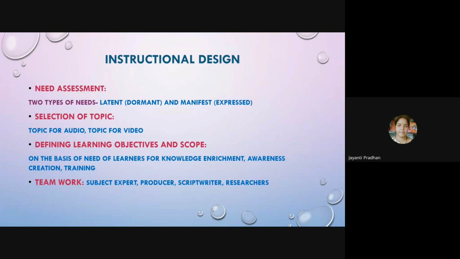Sometimes when we are surveying, we have discussed that we will assess the need by conducting a survey. Sometimes we are just able to collect the manifest needs expressed by the particular learner, but sometimes we have to observe the gesture, posture, and activity of the learner to know about the latent or dormant needs of the particular target group.